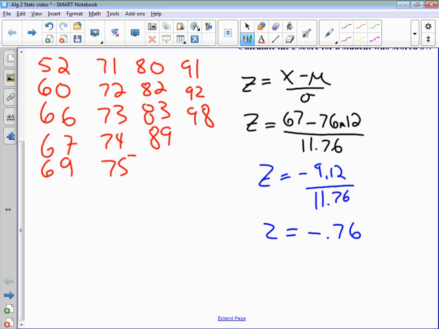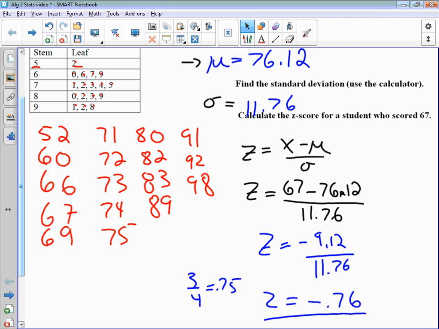What this number signifies is that the score of 67 was about 3/4 of a standard deviation below the average, because 3/4 is 0.75. So we would say that the person who got a 67 on the test was 0.76 standard deviations below average.